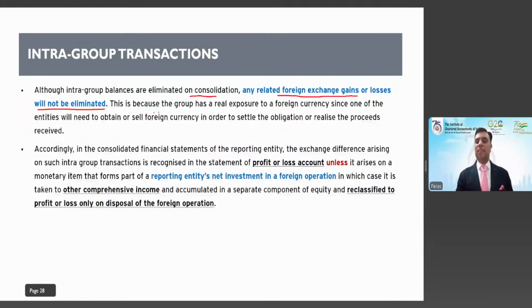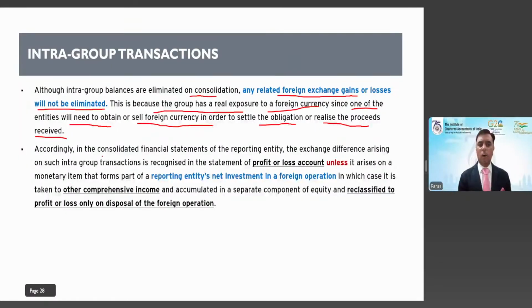The standard says this is because the group has a real exposure to the foreign currency, since one of the entities will need to obtain or sell foreign currency in order to settle the obligation or realize the proceeds received, right? There is actual foreign currency exposure from the group's perspective as well, and as a result you cannot eliminate the foreign exchange gain or loss recognized in your standalone financial statements. The principal transaction will get eliminated, but the forex gain or loss will not be eliminated in the consolidated financial statements.